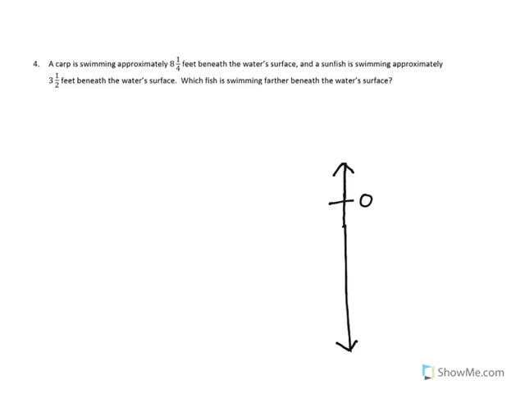We're working beneath, so beneath means it's going to be negative. Our negative numbers go negative 1, negative 2. Let's put negative 3 right here. Let's make that negative 3.5. And then if we were to continue down, we would put our negative 8 1/4 right about here.